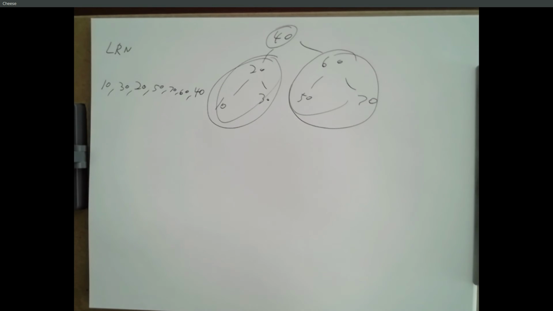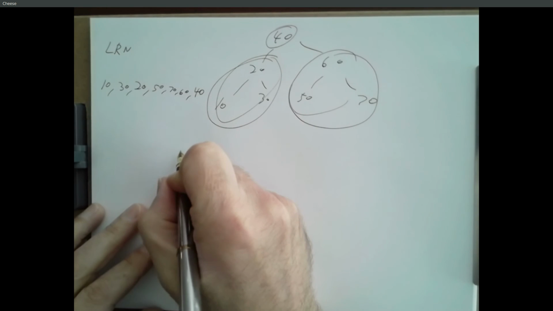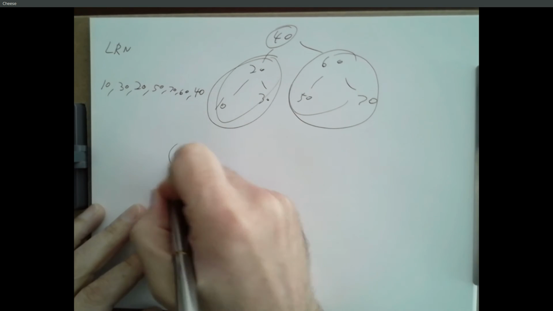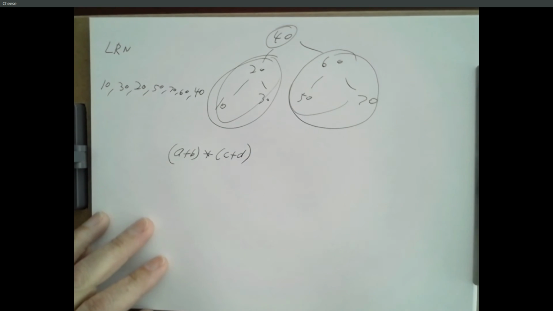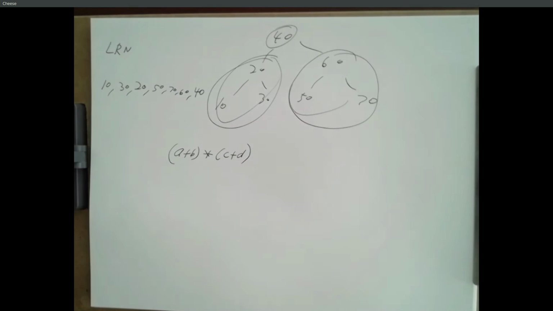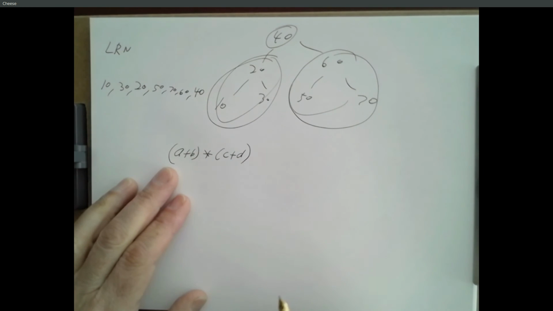And here's an example. So we talked about RPN. Where we were trying to evaluate an arithmetic expression. We can take this expression and we can turn it into a tree. And basically, if we have a pair of operands and an operator, we're going to make a little tree out of it.